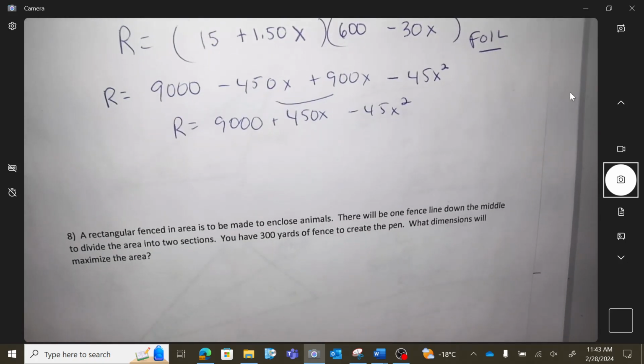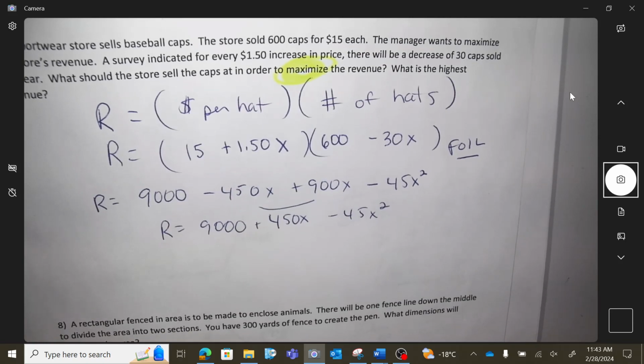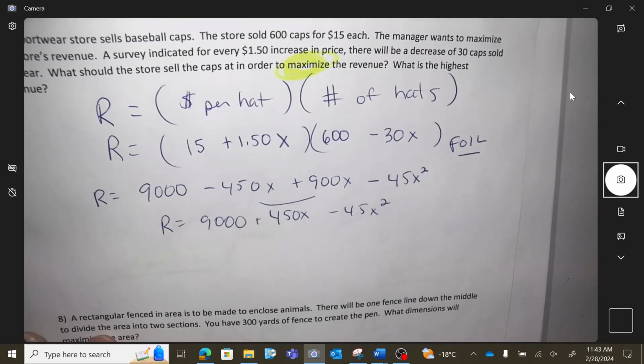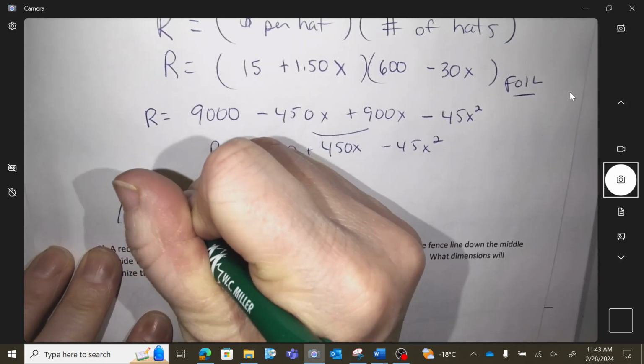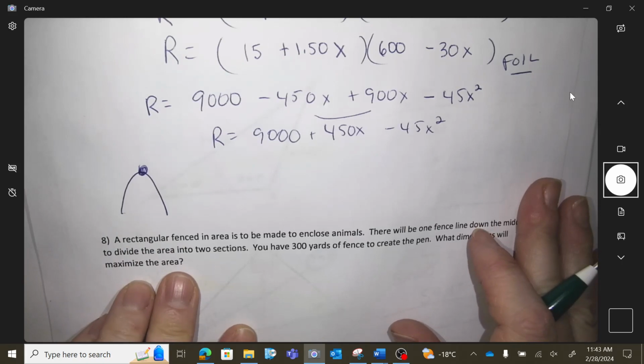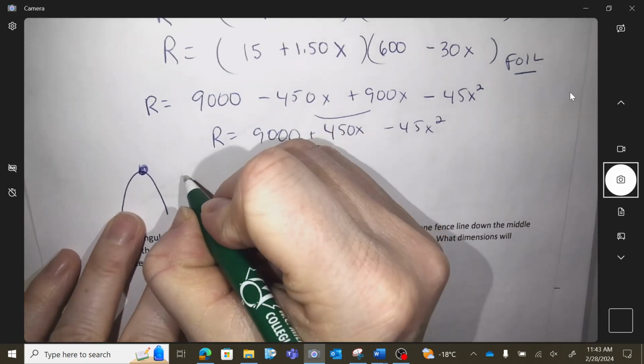Okay. So here's what's going on in the question. I see maximize. That word. What does that word mean to you with maximize? Vertex is a maximize. So how would you find a vertex process with this?